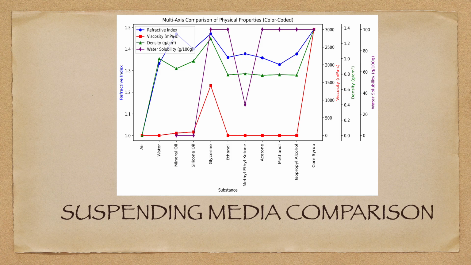And for curiosity's sake, I included corn syrup, which often isn't used because it has yellow discoloration, but that is also very high in its quality and available cheaply compared to the other materials.